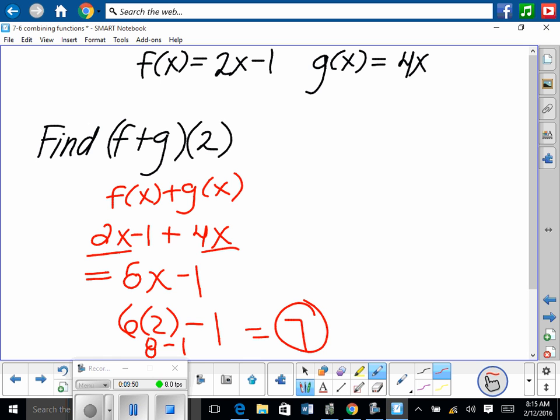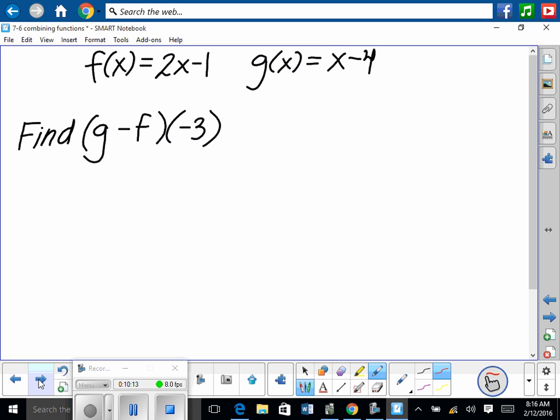Yep, I messed that one up. Not really thinking. 12 minus 1. 11. Questions? Okay. So our final answer, f plus g of 2 is 11.